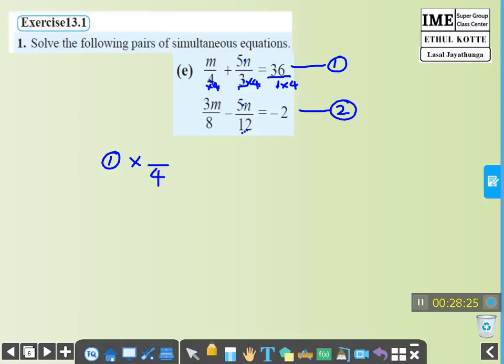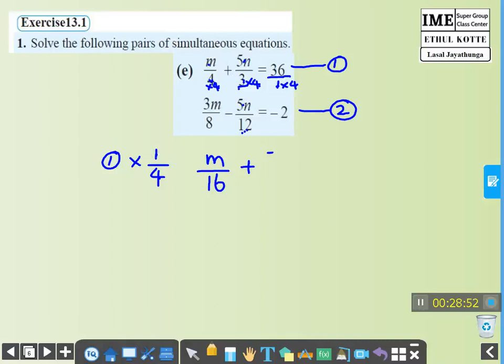Clear? Right. Now in equation 1 we should multiply its denominator by 4. What about the numerator? No need to multiply the numerator. To show that, we say we are multiplying it by 1, because when you multiply by 1, there's no change.